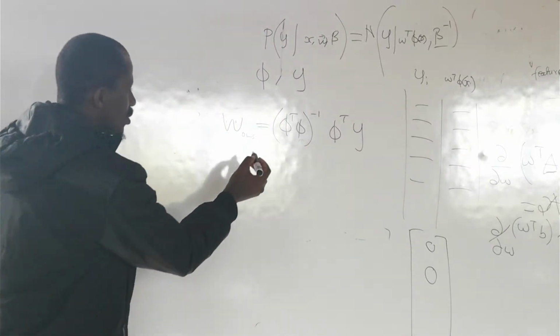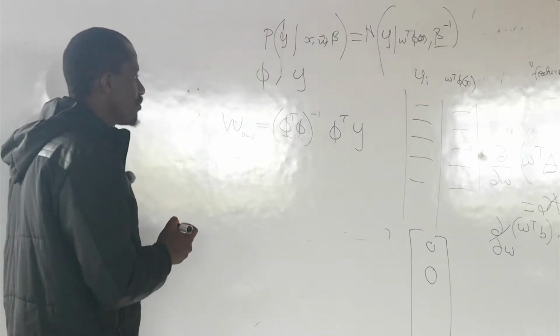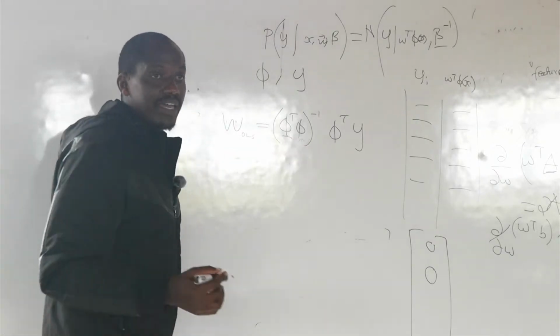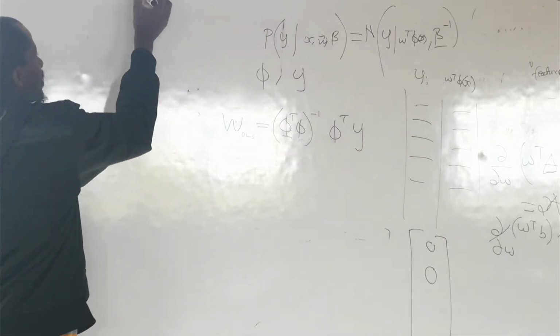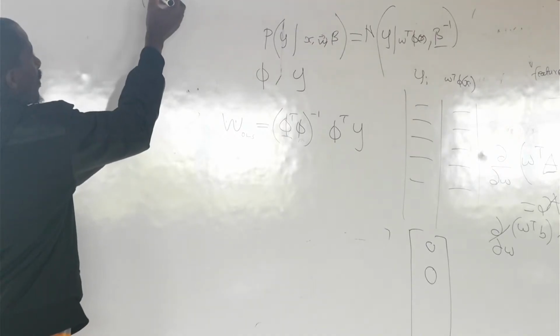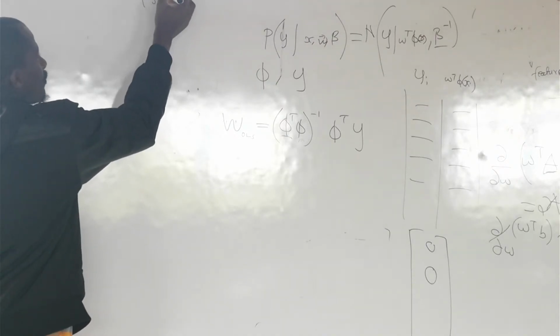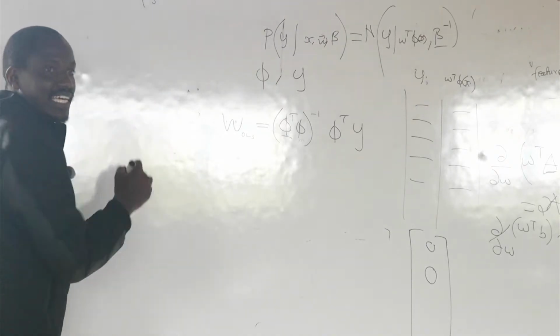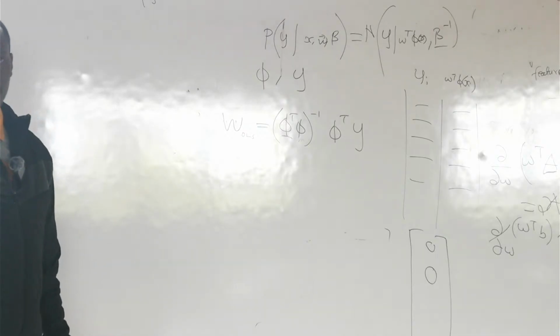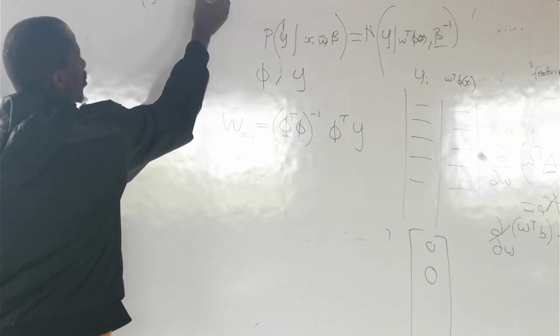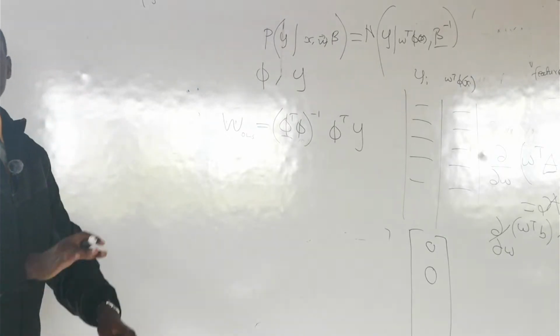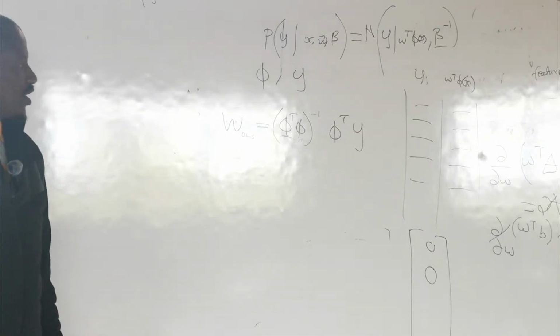You know each of these values. And by the way, for a simple linear regression problem, phi is built from the x values.